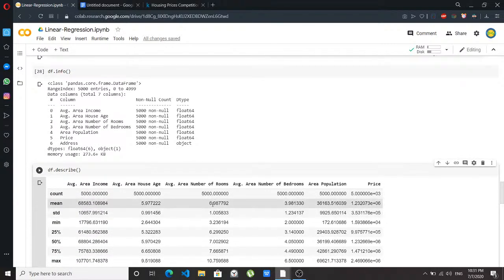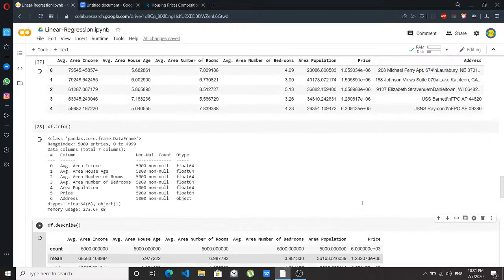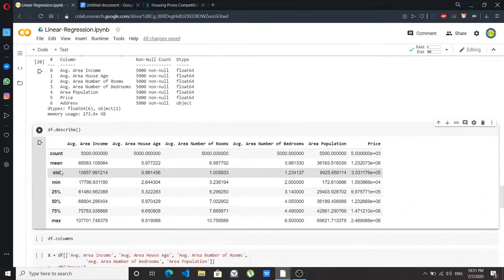What is the average number of rooms? Around 7 rooms, and there are on average 4 bedrooms. And what is the average area population, and what is the average price given in the data set. Now STD, that is the standard deviation, these values are found.